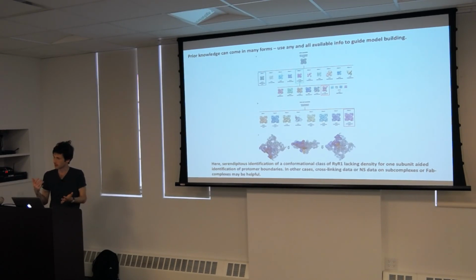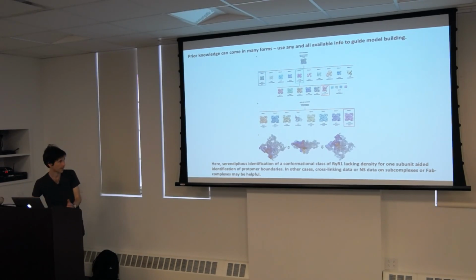And after 3D classification, we fortuitously had a case where one entire subunit of the channel was more or less missing and disordered. And by calculating a difference map between that class and the good class where all subunits were present, we were able to obtain a difference map which gave us much greater confidence that the boundaries which we'd initially assigned for the protomer were actually correct.